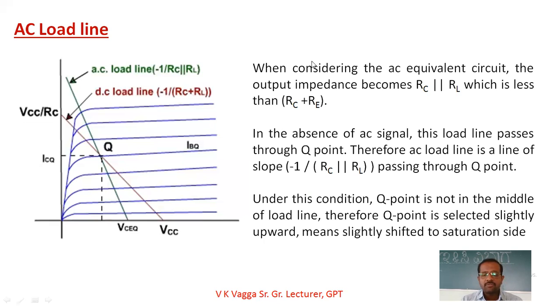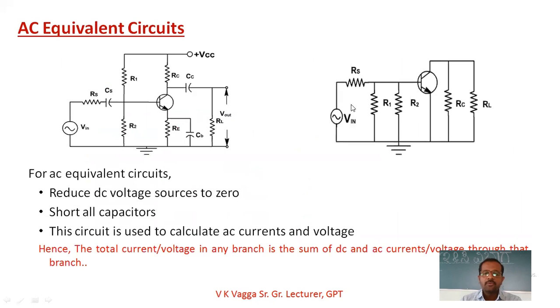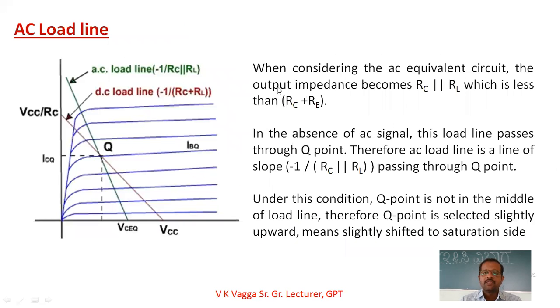But in the case of the AC load line, if you do the AC analysis, you can see that RC and RL are assumed to be in parallel. And since they are in parallel, the impedance is considered after simplification of this parallel combination. So for that purpose, this output impedance becomes RC in parallel with RL, which is assumed to be less than RC plus RE.